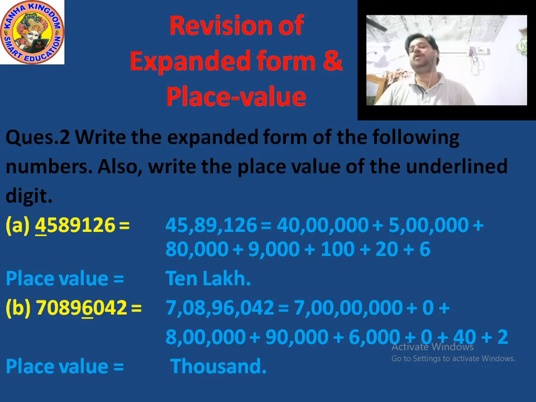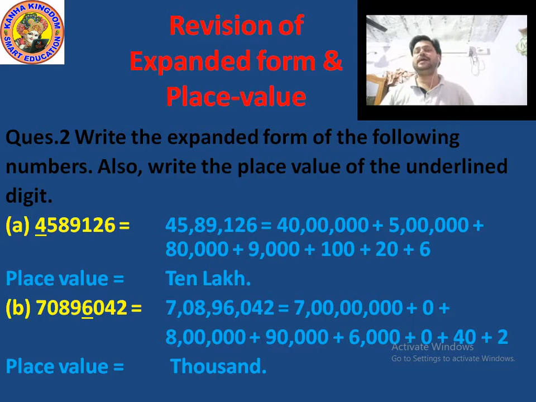Okay. Now if we count from the left hand side, you see that 7 comma 08 comma 96 comma 042. This is the exact way.